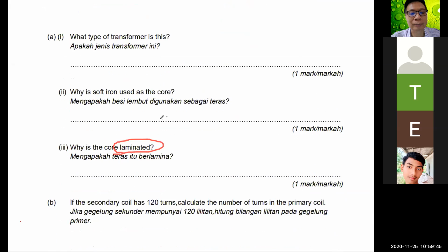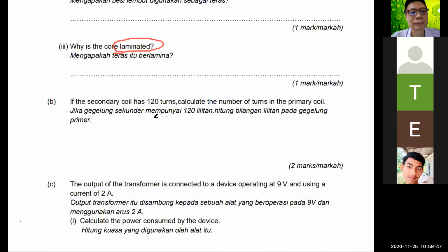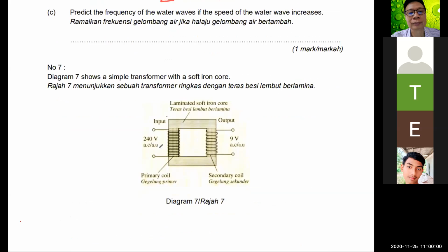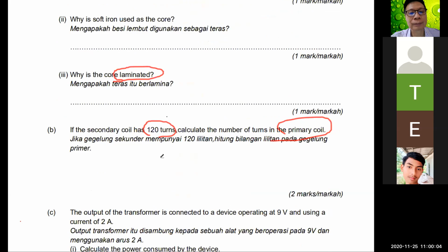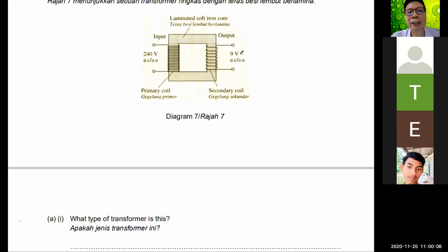The next calculation. If the secondary coil is 120 turns, calculate the primary coil. Here the secondary coil is 120 turns, and the voltage is 9.